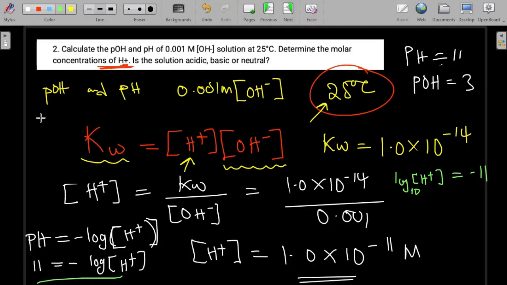You say base to the power answer is equal to what is in the middle. So the answer is the minus 11, the base is the 10, and what is in the middle is the concentration that we are looking for. So base to the power answer is equal to what is in the middle.